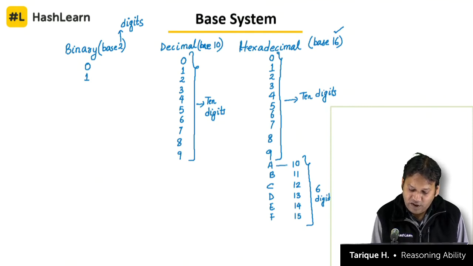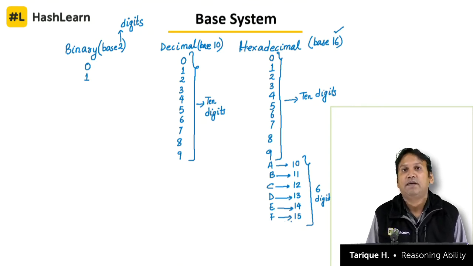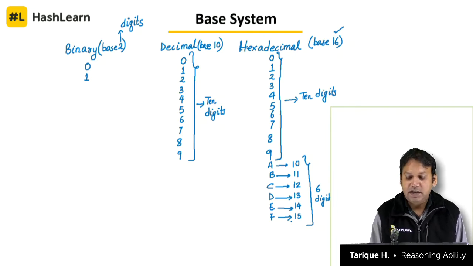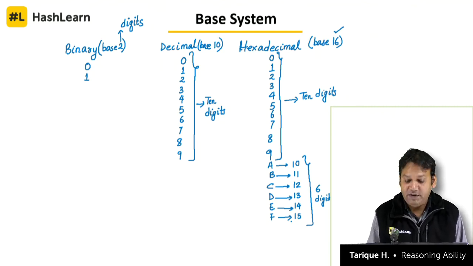A is equivalent to 10, B is equivalent to 11, C is equivalent to 12, D is equivalent to 13, E is equivalent to 14 and F is equivalent to 15. So these are the 16 digits of the hexadecimal system. 0 to 9 is the same as the decimal system, and then we have A, B, C, D, E, F standing for 10, 11, 12, 13, 14, 15 respectively.